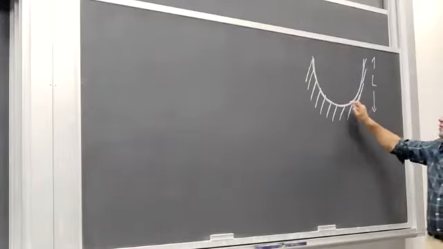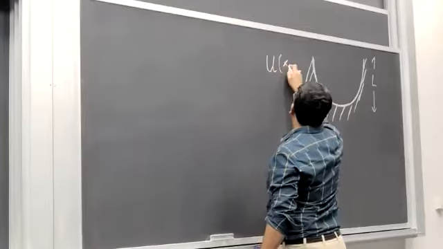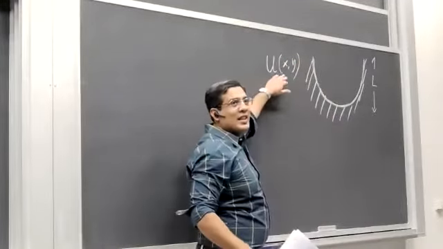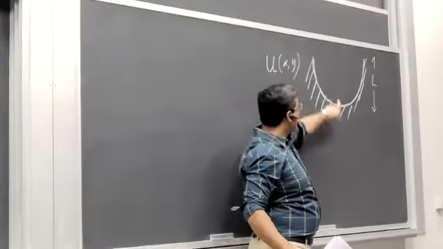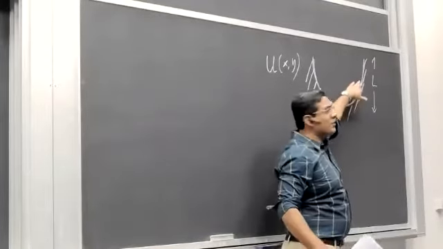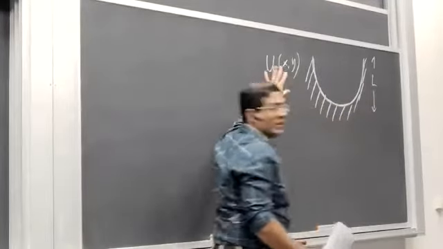This curve is U of x and y. Depending on the position of x and y, it has a value. So potential energy is maximum here, is 0 here, and then is maximum here, with some intermediate values in between these extremes. Okay, so this is the potential energy curve.